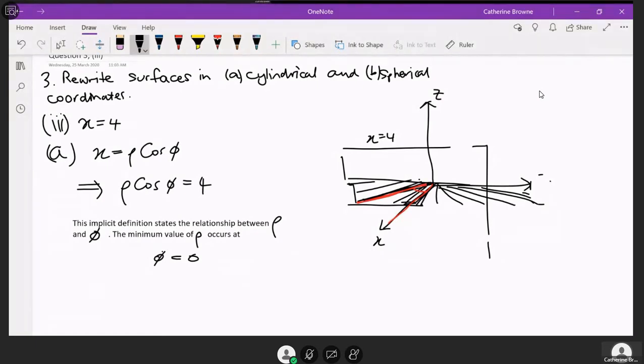And so rho is going to be between 4 and infinity, because as the angle increases to reach the plane, I have to take a longer radius here, and the phi is between minus pi on 2 and pi on 2.